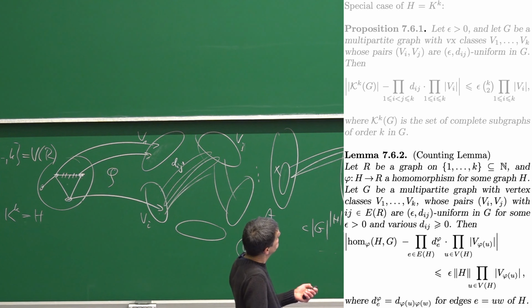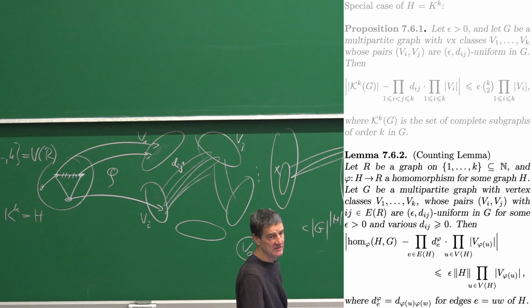So much as before, this difference that has to be small is the difference between the number of homomorphisms that we actually have from H to G, all respecting little phi, and the number of expected homomorphisms if this were a random scenario, which it isn't. But this is how these quantities come about.